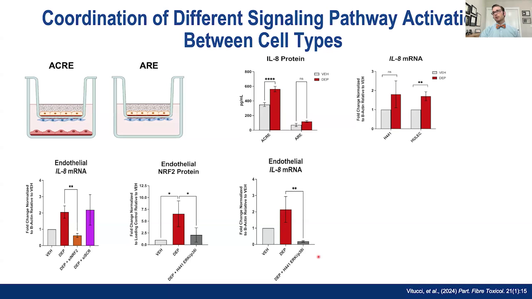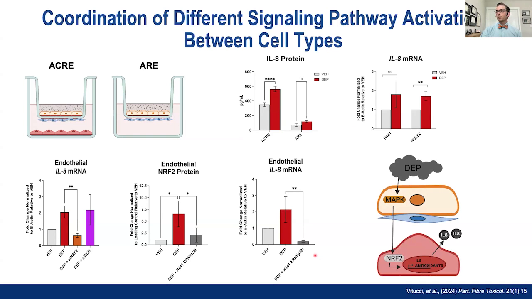And again, the answer is yes. So that ties this nice little mechanism down, where we have the exposure occurring in the epithelial cells. We're activating one set of signaling pathways. And then we've got, I really need to put a black box and a lightning bolt here, the internationally accepted version of we don't know what's going on in the middle. But that leads to the activation of NRF2 and the transcription of IL-8, and then translation and secretion of IL-8 protein.